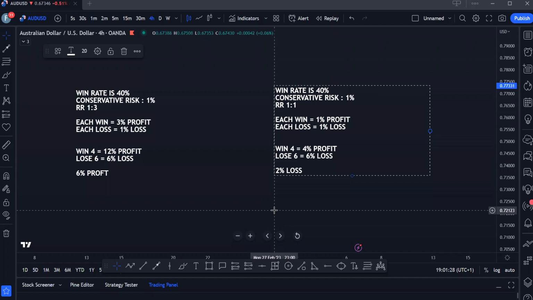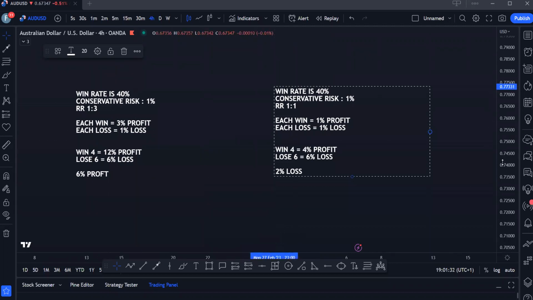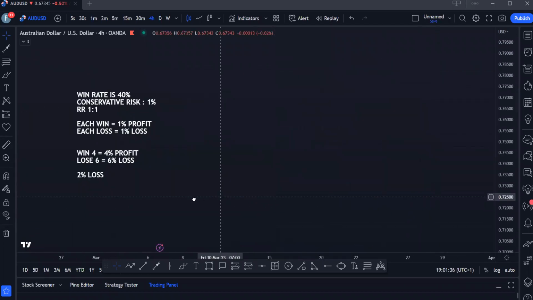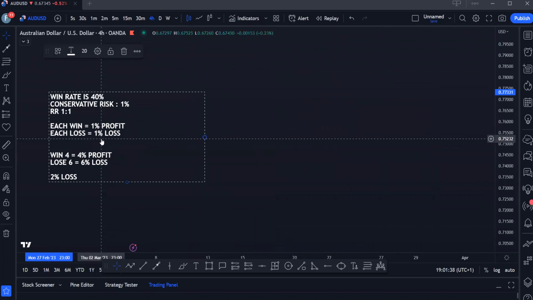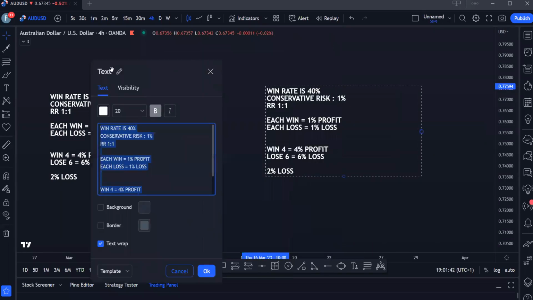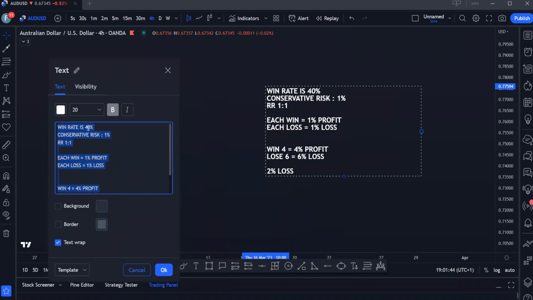Let's do an example of someone that has a win rate of 20%. Out of 10 trades, you are going to win just 2, and you lose 8 trades. But you have a very good risk reward of, let's say, 1-to-10, for example.